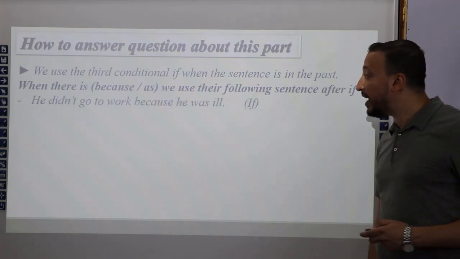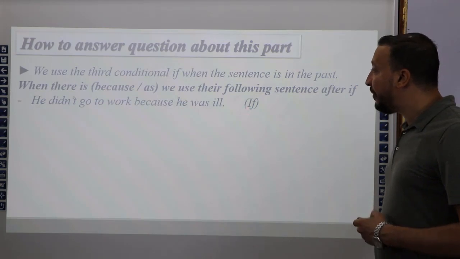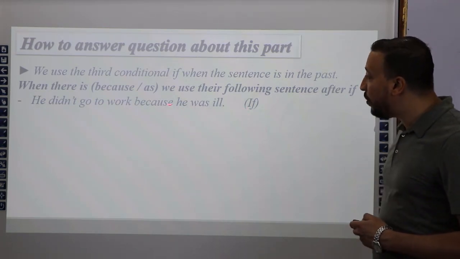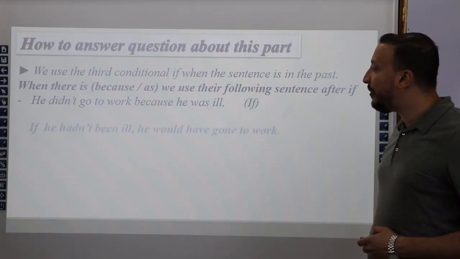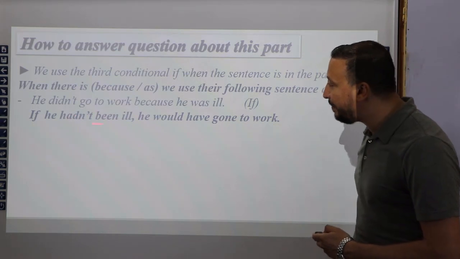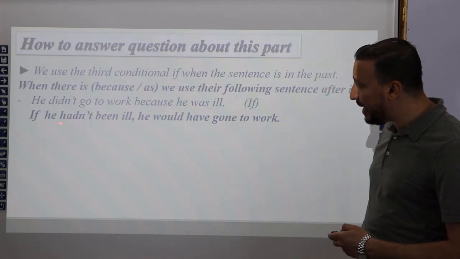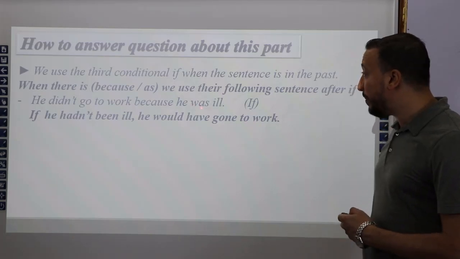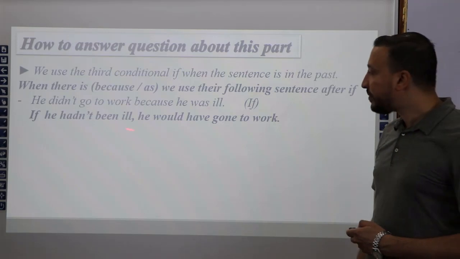Like this example: He didn't go to work because he was ill. So which sentence do I start the if clause with? Right: he was ill. So, if he, and we said the past perfect follows, so had plus the past participle. Here it is positive, so I make it negative: if he hadn't been ill.